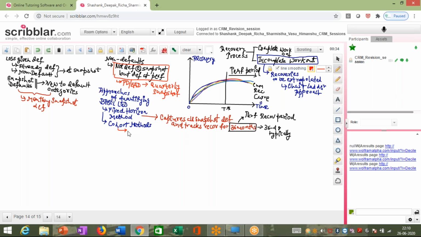So over here, first of all, non-defaults in a given snapshot are identified.